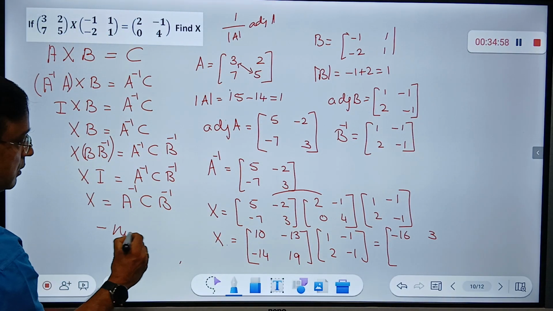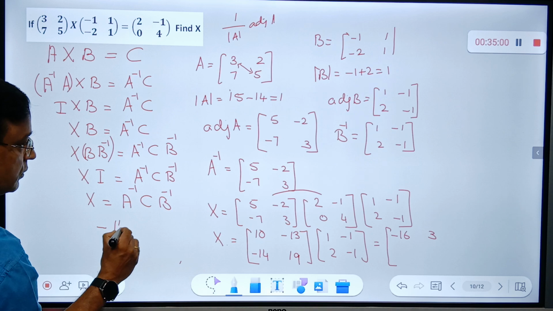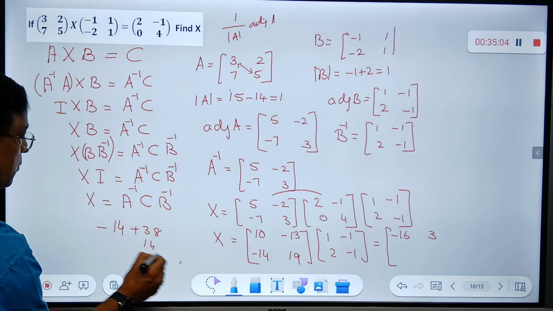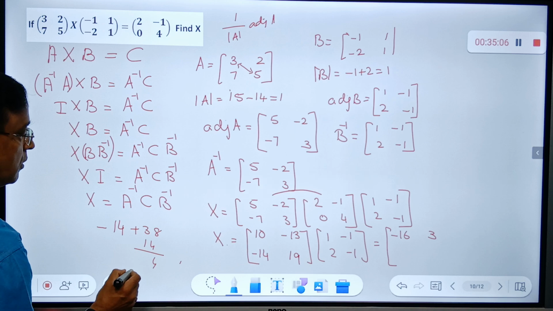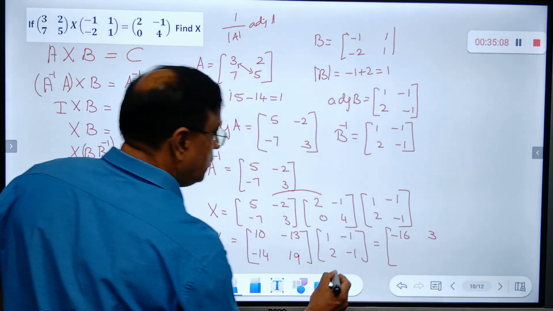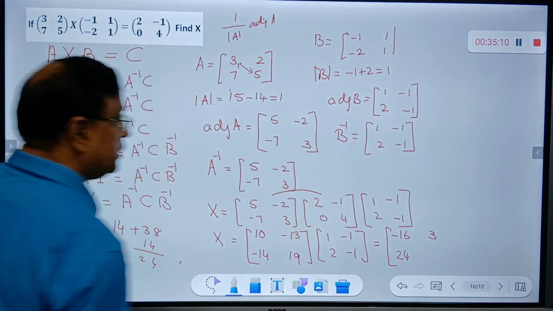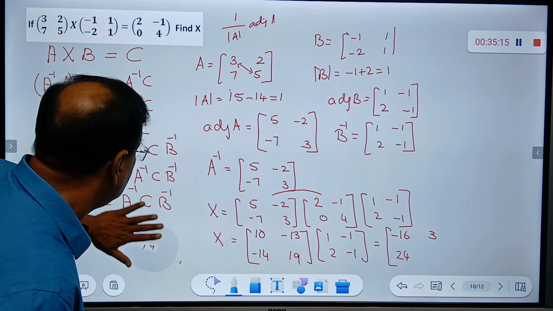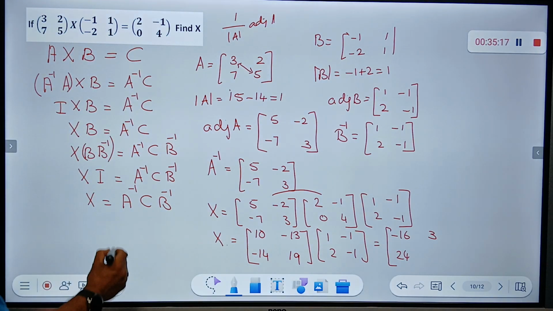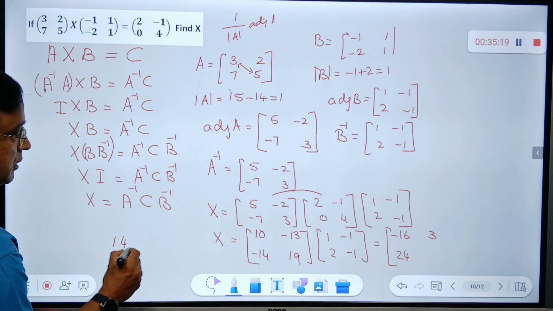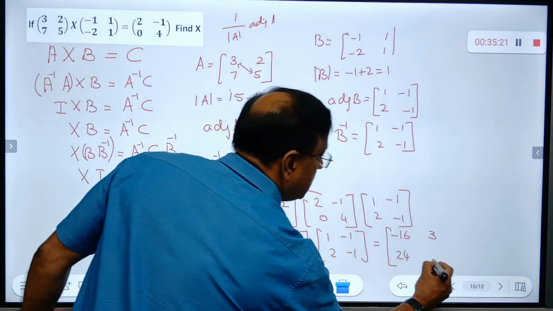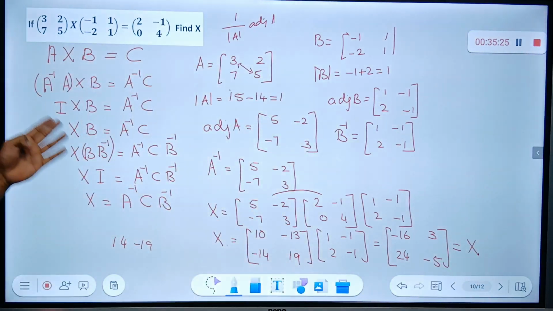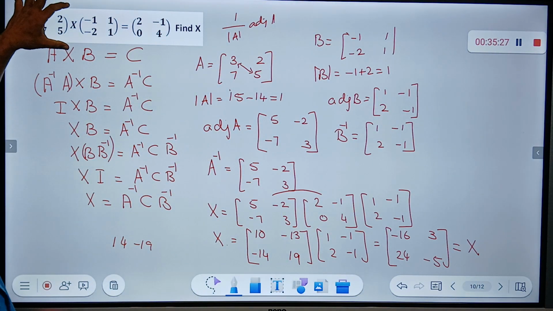Minus 14 plus 38. So that will be 24. Correct? The last element is plus 14 minus 19. So it is minus 5. So this is my matrix X. So it's very easy.